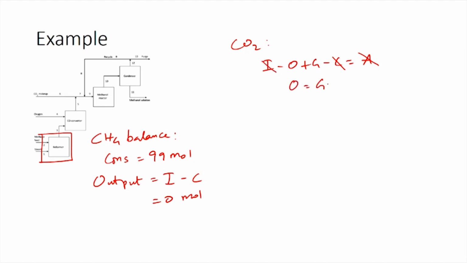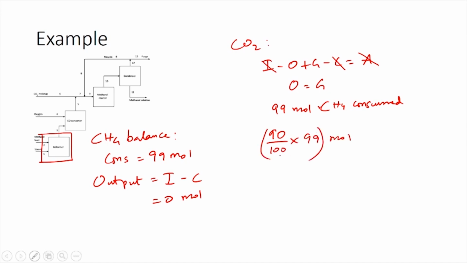We have been told that 90% of methane consumed produces carbon dioxide. So, we know 99 moles of methane was consumed. So, 90% of this was converted to carbon dioxide. So, number of moles of carbon dioxide produced would be 90 divided by 100 times 99.